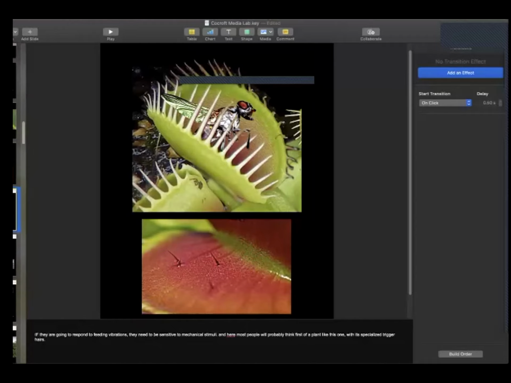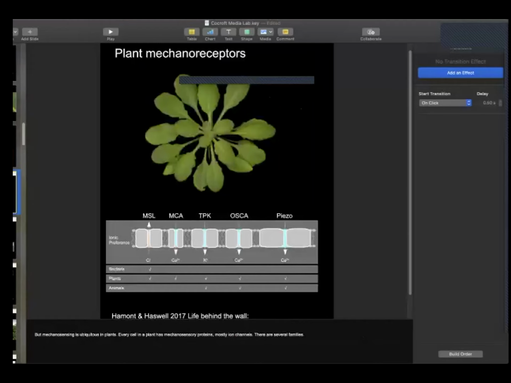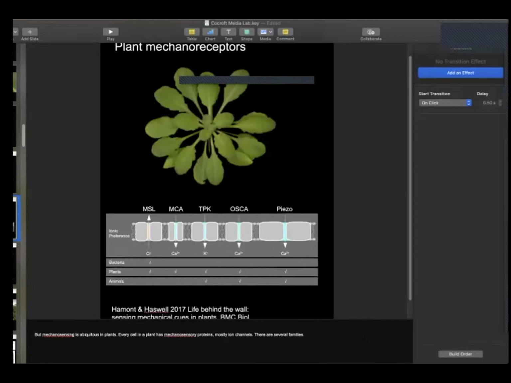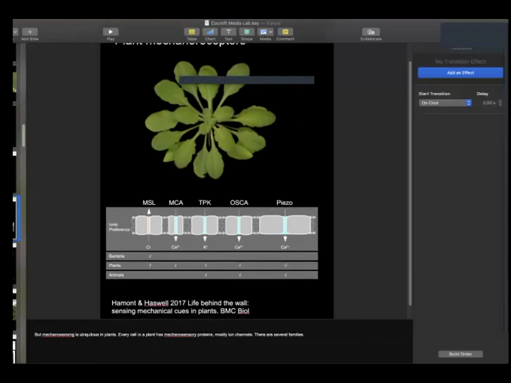But that's really not what you should be thinking about, because plants in general have mechanosensory ion channels in virtually every cell. A lot of these are for sensing turgor pressure and other kinds of stresses. Some of them are involved in sensing vibration, and we don't yet know very much in plants about which ones do what. But some of them are terms you'd recognize if you're familiar with ion channels in humans or other organisms, like the piezo channels.